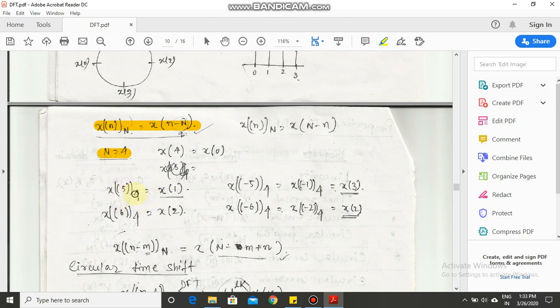Now this x of 5 is invalid in case of circular shift. So we have to perform a modulo operation by 4. So what is that? x of 5 modulo 4, that means it is x of 5 minus 4, that means it is x of 1.